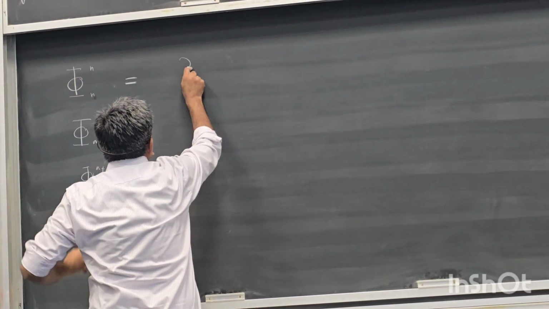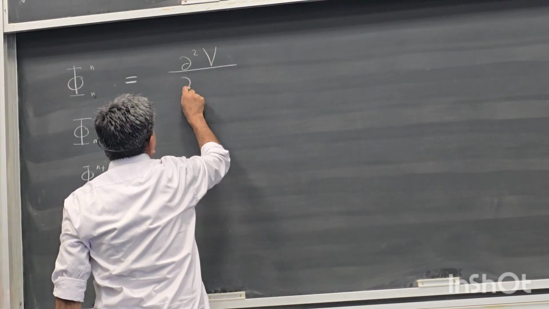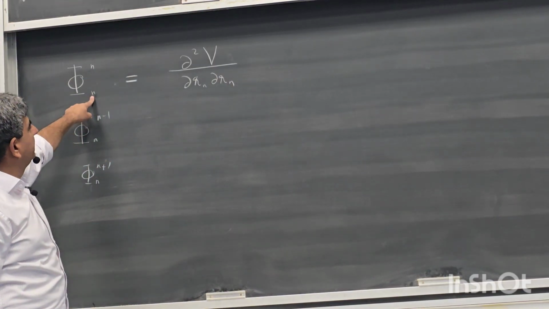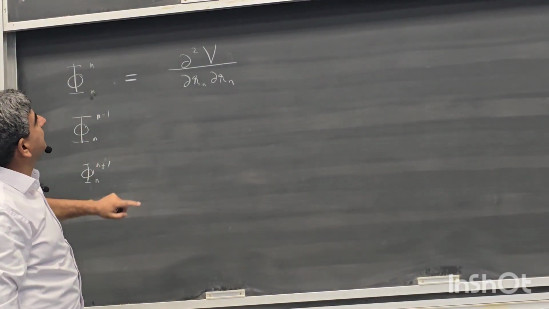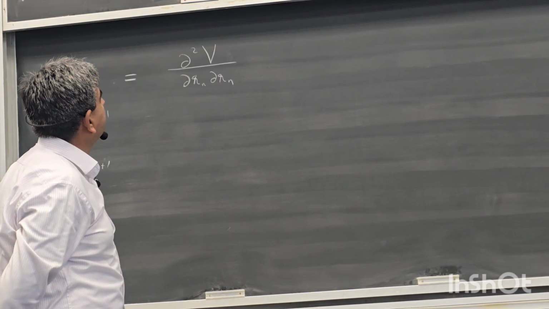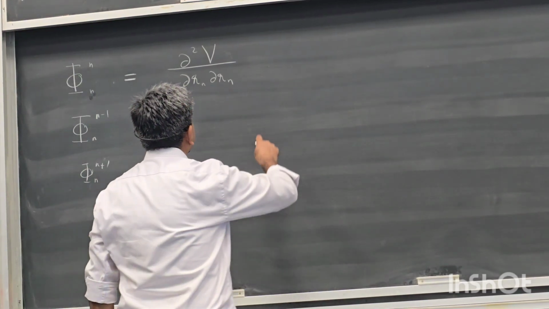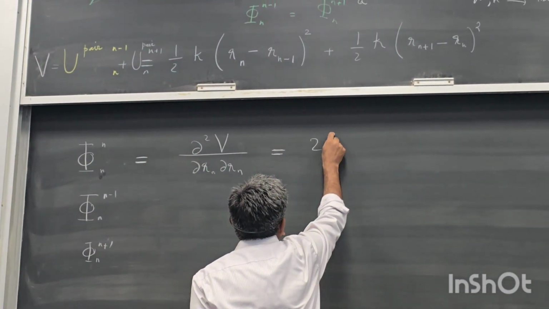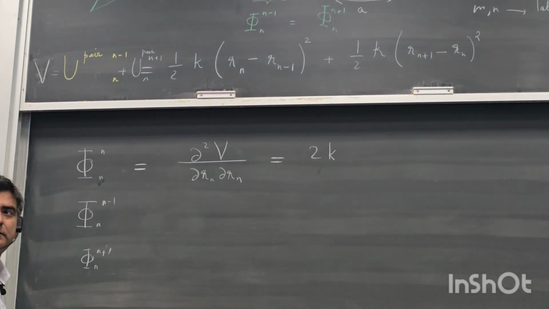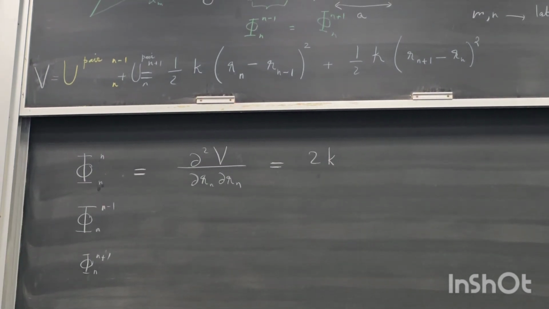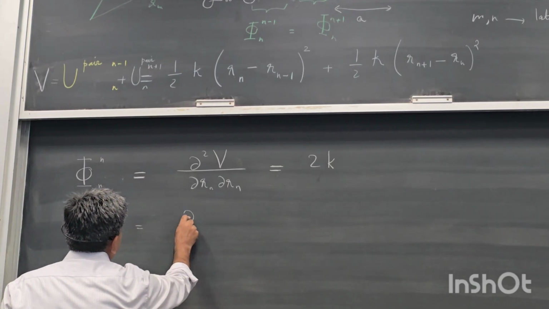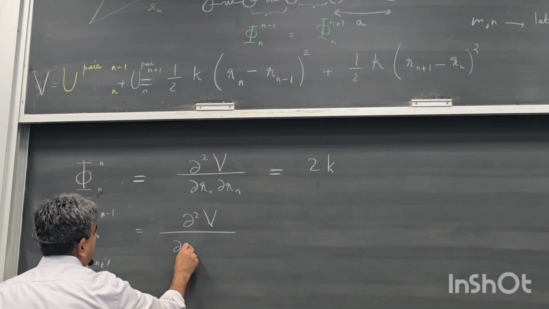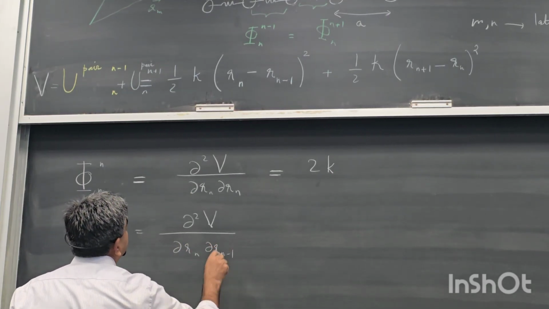So I take the double derivative of V with respect to Rn, because both of these indices are the same. So when I take the double derivative of this, I will get 2k. This term will be partial square V partial Rn minus 1.